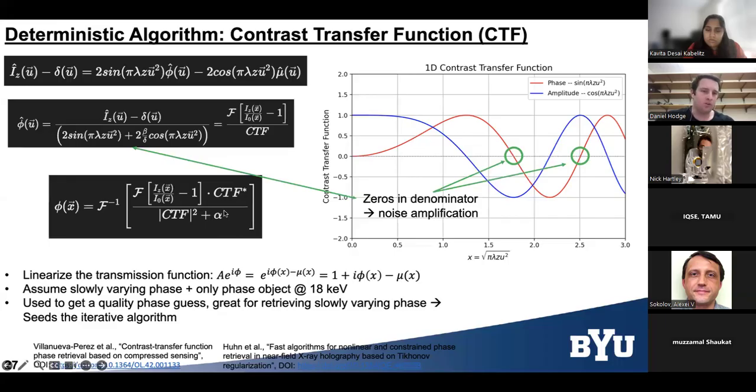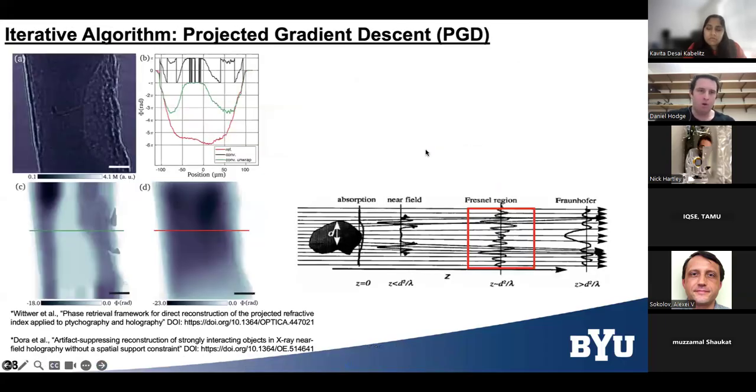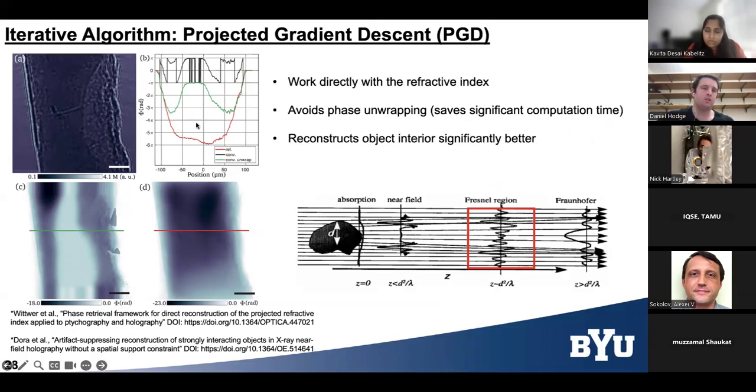And we add this frequency dependent regularization because there are zeros in this denominator here in this contrast transfer function for the phase. But also, I couple that with an iterative algorithm called projected gradient descent. And this is particularly useful because it works directly with the refractive index.